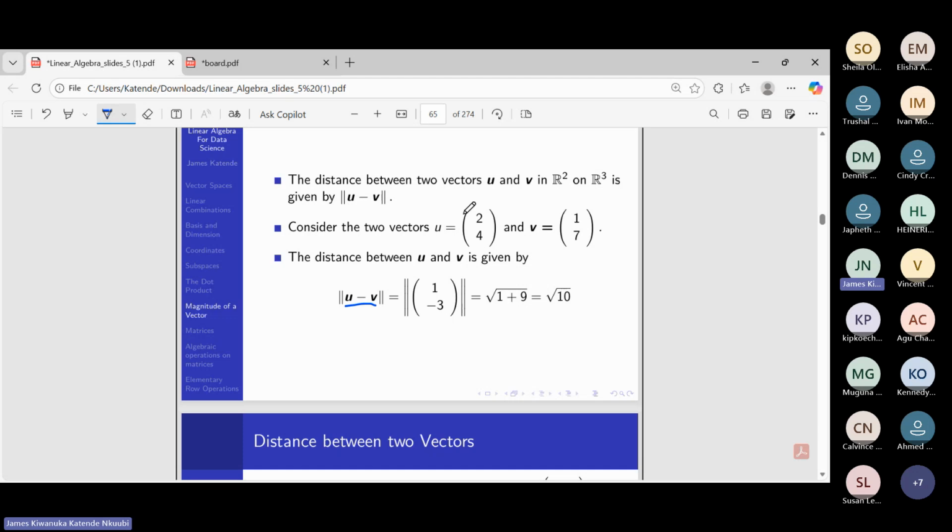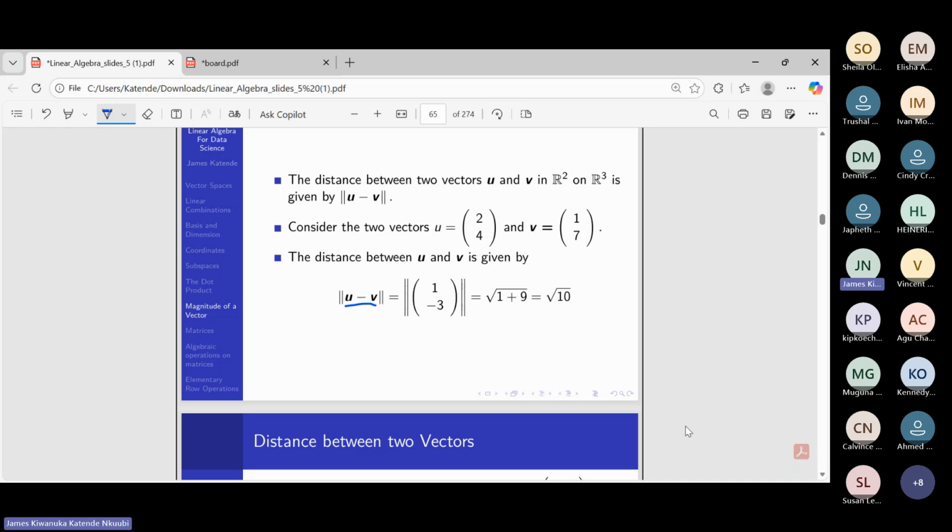So the difference, u minus v will be 1, -3. So once you get the difference, you can now get the magnitude of the resulting vector. That gives you the distance between the two vectors.